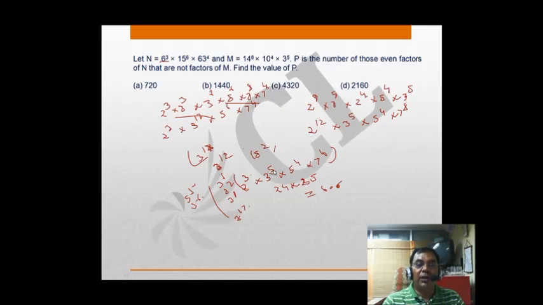So here you will see 2 to the power 3, 3 to the power, how much was common? 5 to the power 4 is common, and 7 to the power, again 4 is common. So we'll just see with each number how many powers I get and how many cases.